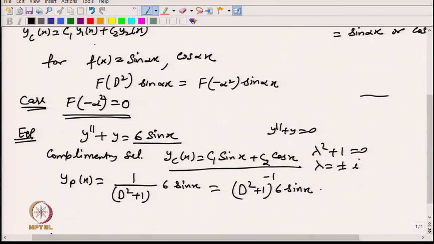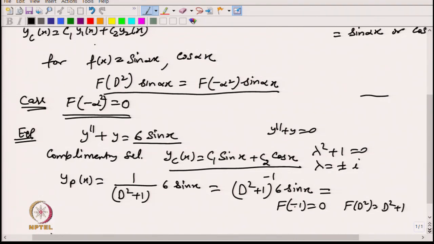Now if I apply the same formula as before and put minus 1 instead of D square, then this becomes 0. So this is the case when f(minus 1) becomes 0, because my f(D square) is D square plus 1.